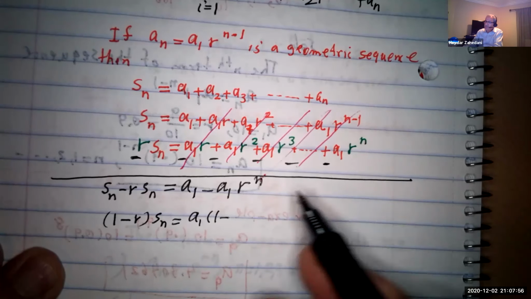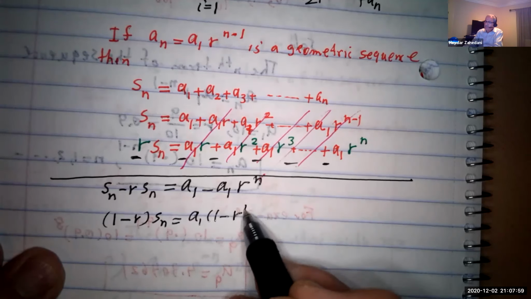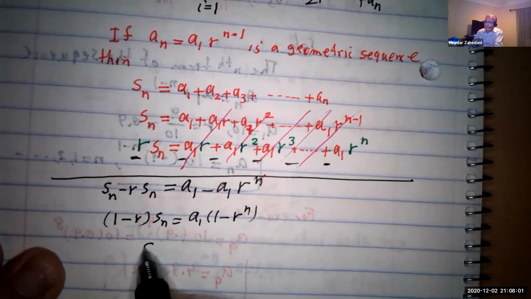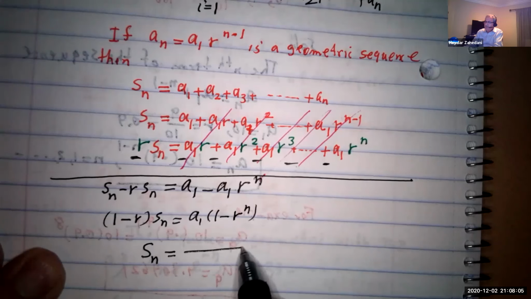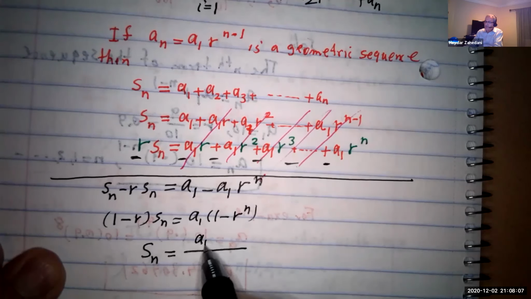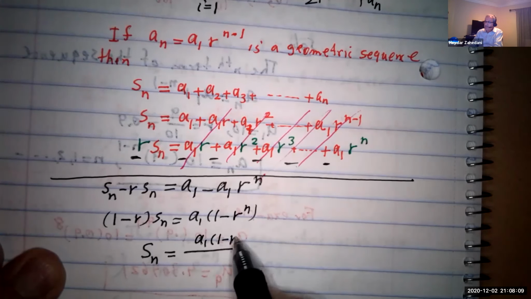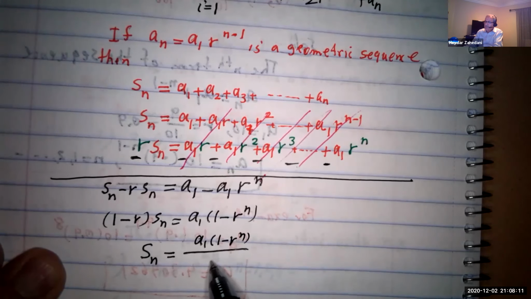So Sn is going to be equal to a fraction: on the top a1 times 1 minus r to the n, divided by 1 minus r.